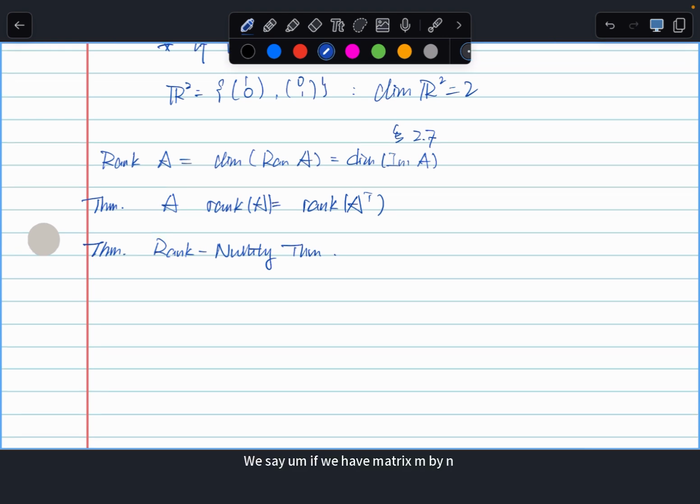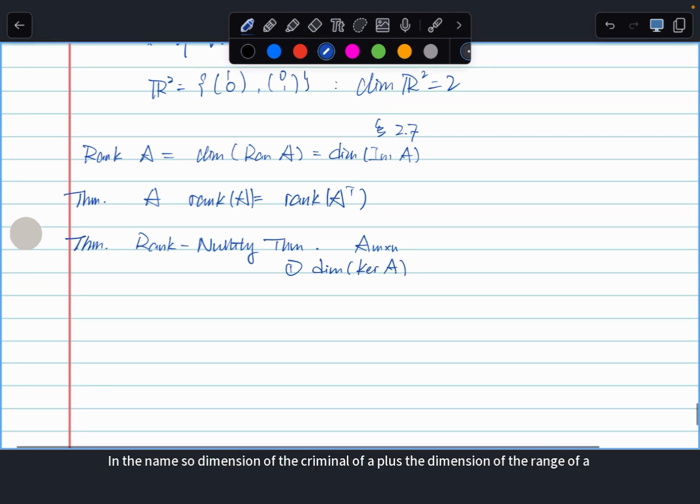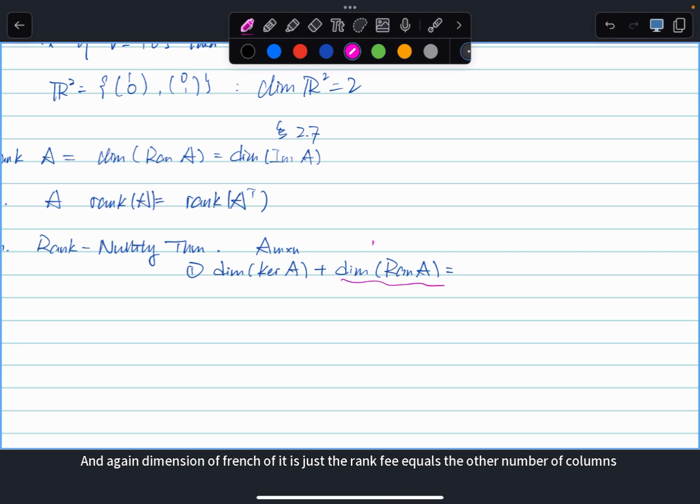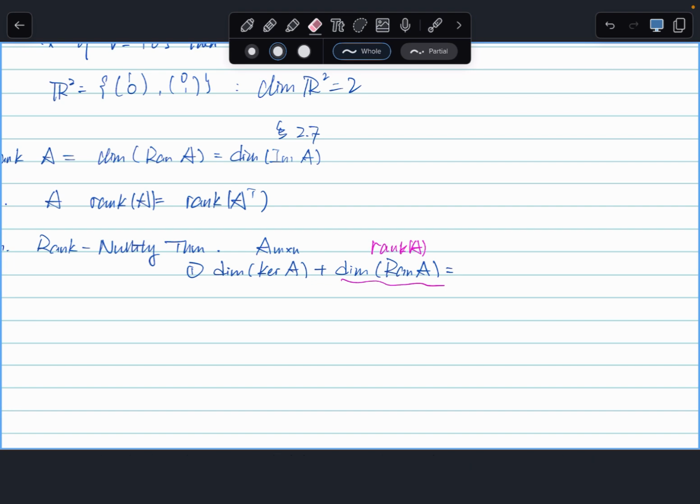We say if we have a matrix n by n, first the dimension of the kernel of A, because the kernel is called the null space, so that's the nullity in the name, plus the dimension of the range of A, and again, the dimension of the range of A is just the rank of A, equals the number of columns.